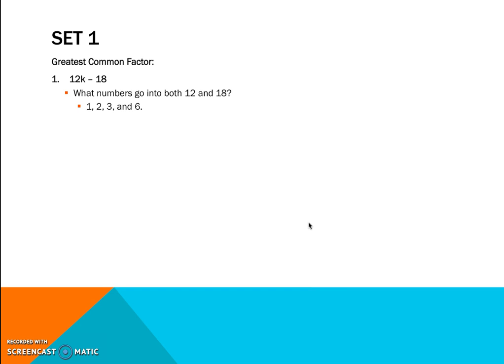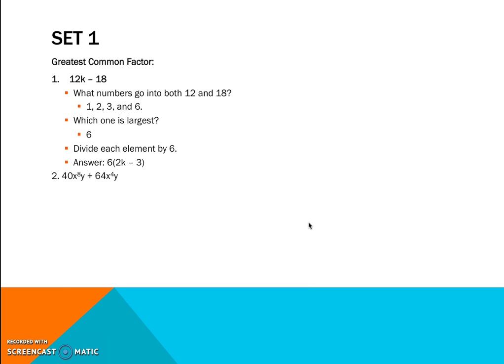Which one is the largest? That would be 6. So next we're going to divide each term by 6. We divide 12k by 6 and negative 18 by 6 as well. So our answer would be 6 times the quantity 2k minus 3.